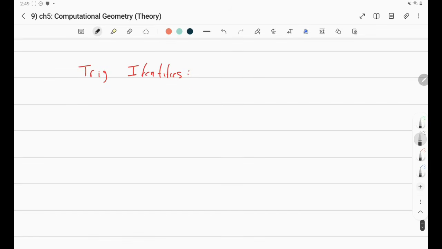So I'm going to give you two that you must memorize, keep them in mind, which are these: sine of alpha plus beta. So if you just have the sine of the sum of two angles, then actually it's easy. It's just sine alpha cosine beta plus sine beta cosine alpha. Yeah, you have this nice symmetry. Sine cosine, sine cosine.